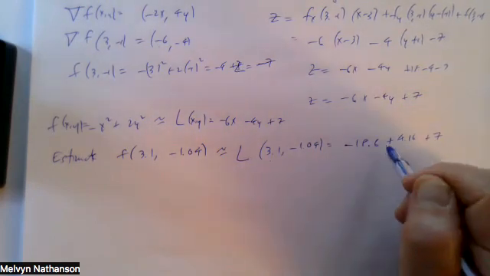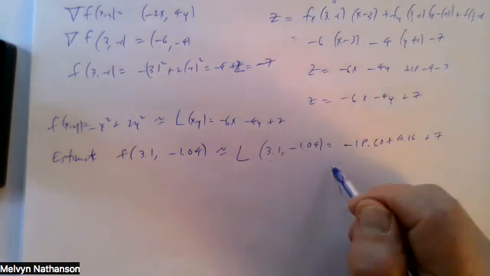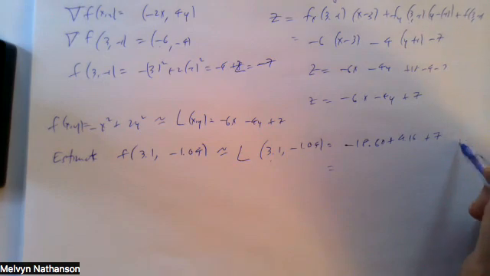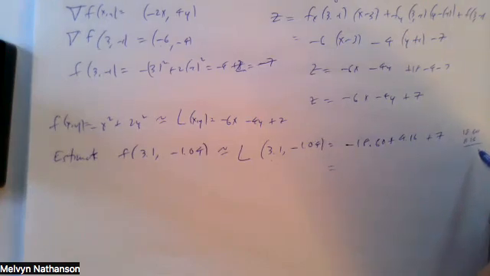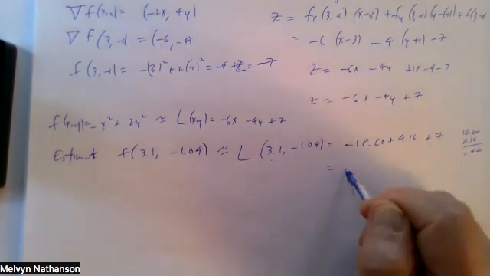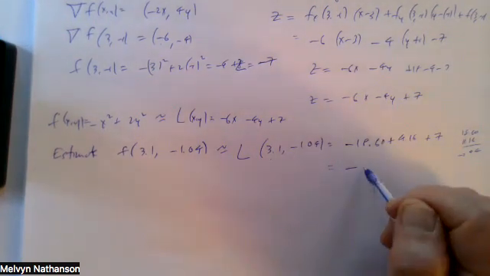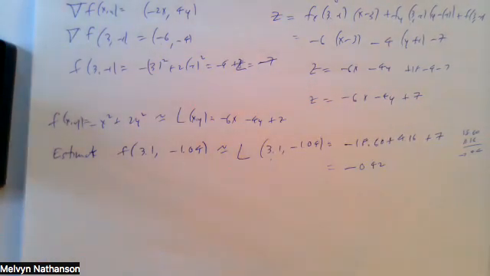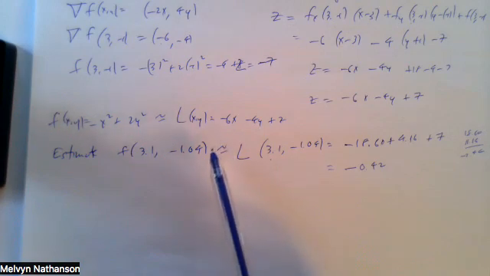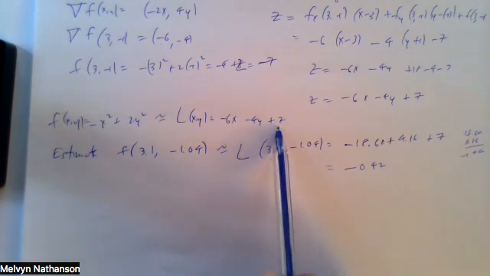So let's see if I can do this arithmetic. I have 11.16 and 18.60, and when I subtract, I get 7.44. So minus 7.44 plus 7 is minus 0.42. So something doesn't look quite right here. Minus 6x minus 4y plus 7.